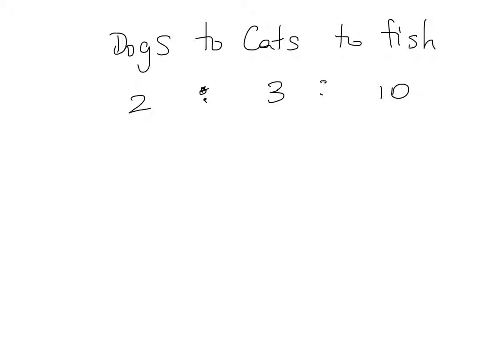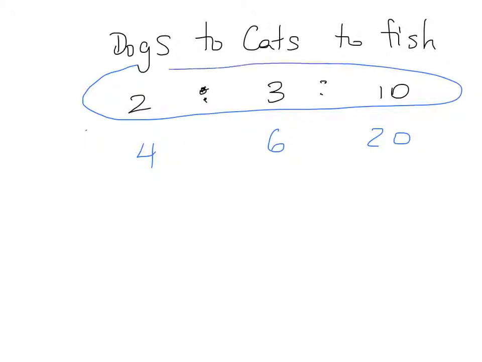That doesn't mean that there are only 2 dogs, 3 cats, and 10 fish. It just means that it can be reduced. Perhaps in this pet store there are 4 dogs, 6 cats, and 20 fish. So I just doubled everything, but we could have tripled or quadrupled everything. All we know is what it breaks down to when we see this simplified ratio.